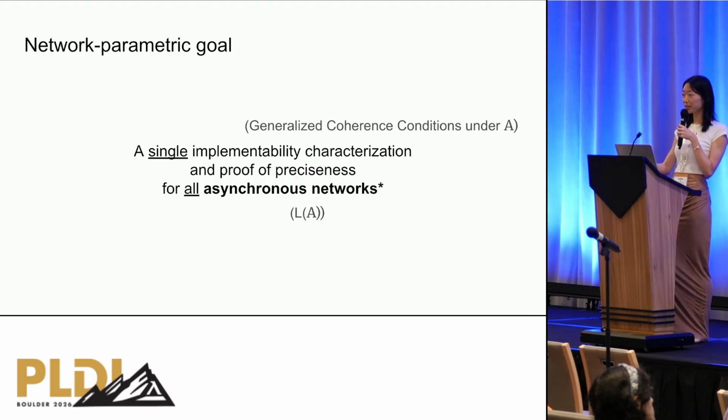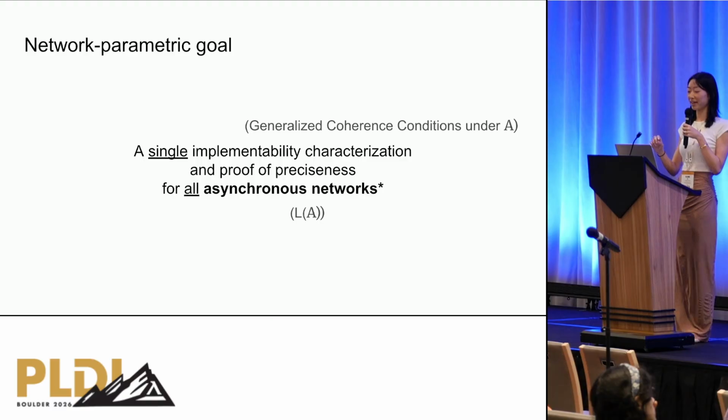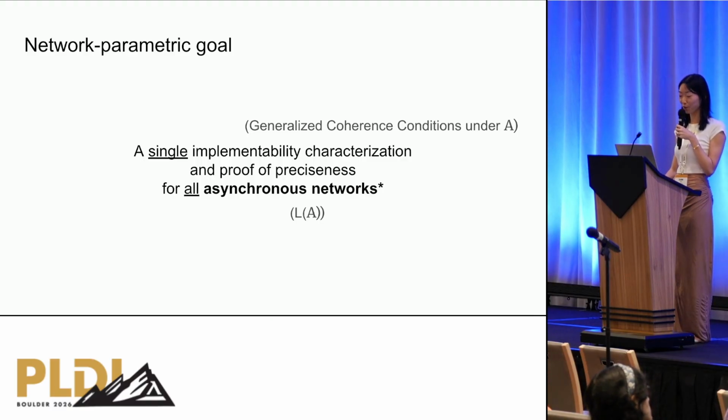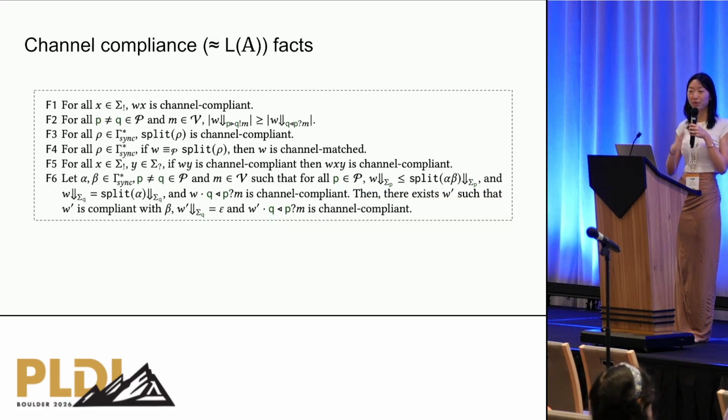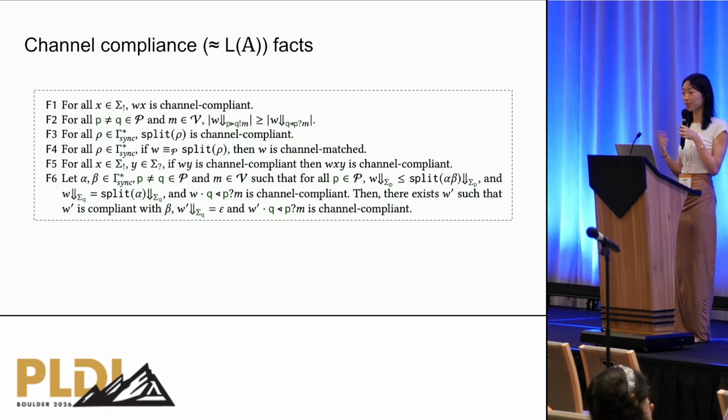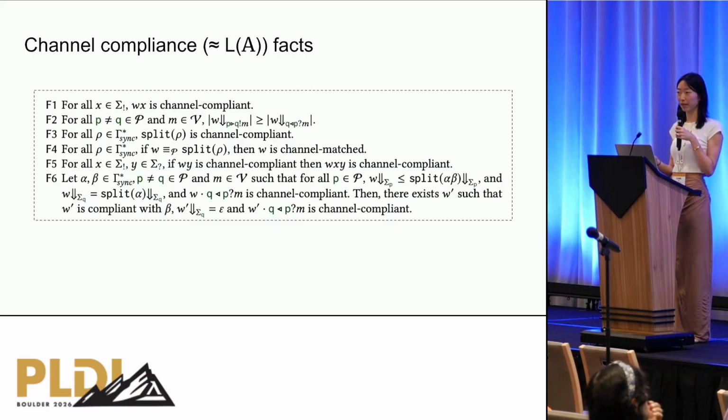So we have our implementability characterization. We need to go back and qualify the asynchronous networks under which this characterization is precise, right? Because it doesn't obviously work for all of them. The way that we do this is we define a set of axioms or channel compliance facts that talk about the network as a formal language.